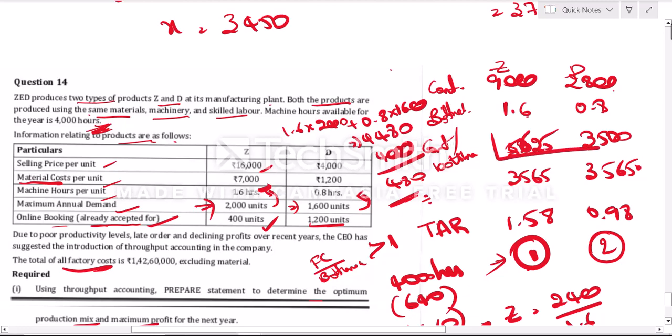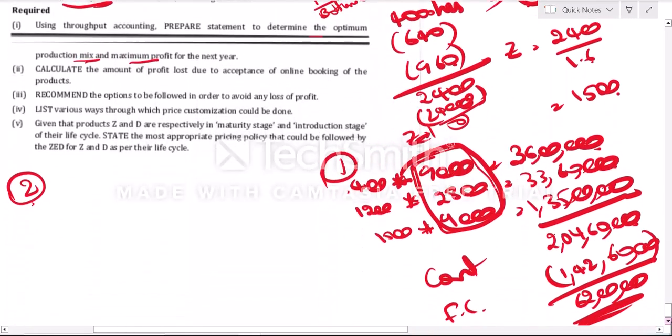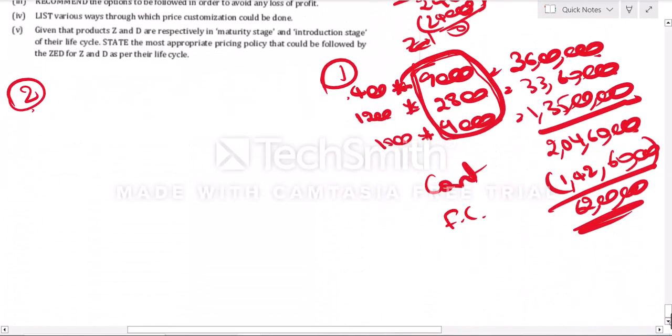This one we can also take. I will show you how to calculate with that. If we take that, we need to multiply the contribution of the products with the hours they want. It is contribution per bottleneck resource.